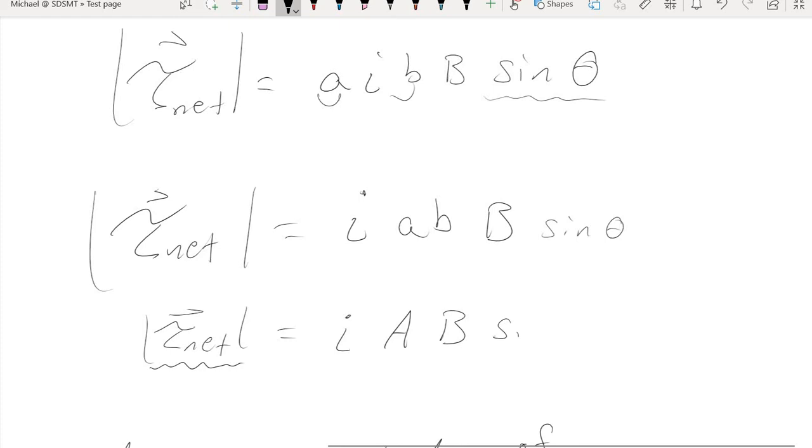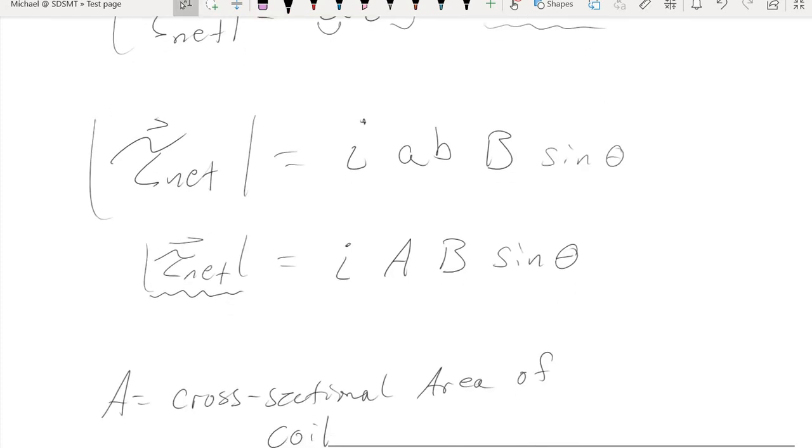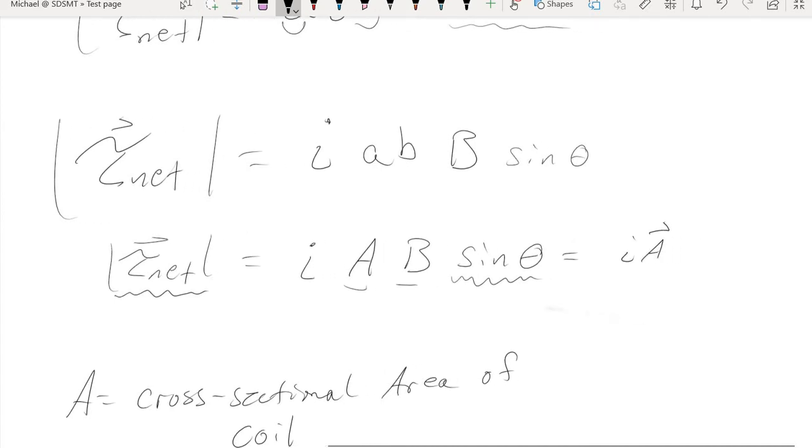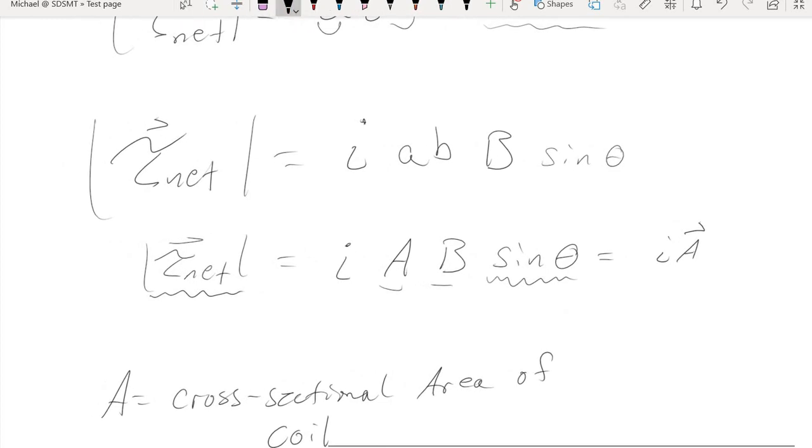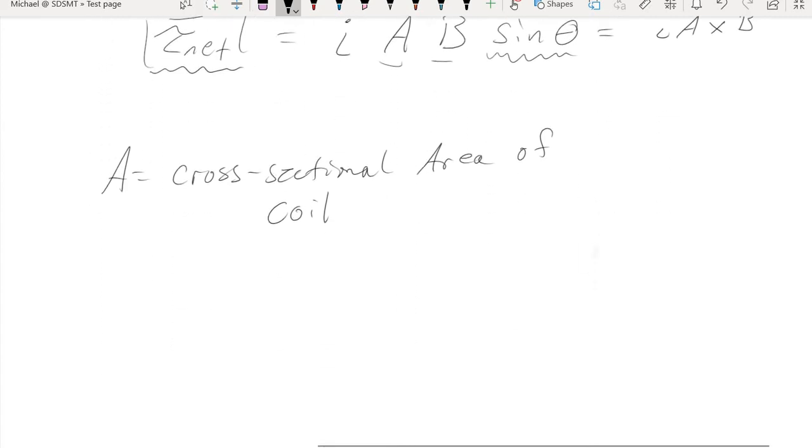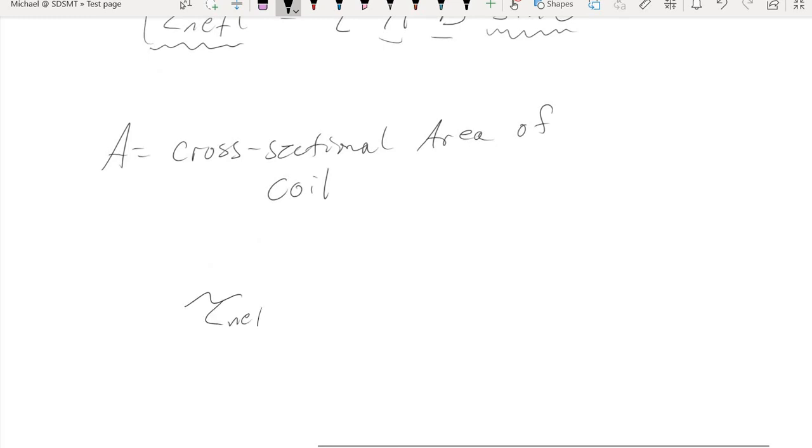My apologies. This will help this make more sense. Because how do I take two vectors, multiply them together, and make another vector? Well, you do that by using the cross product. And the cross product utilizes sine of theta. So what we have here now in defining the torque is I times the area vector crossed with the magnetic field vector. So we can drop the absolute values now.